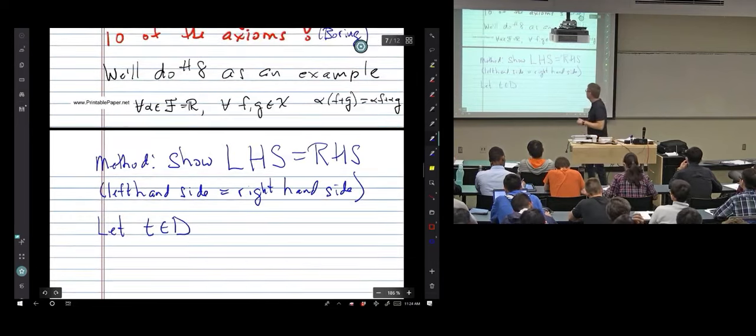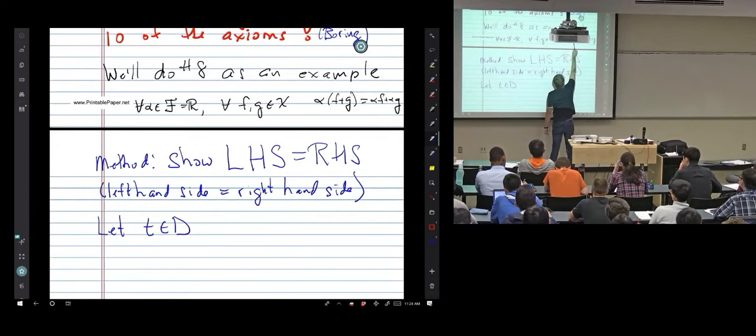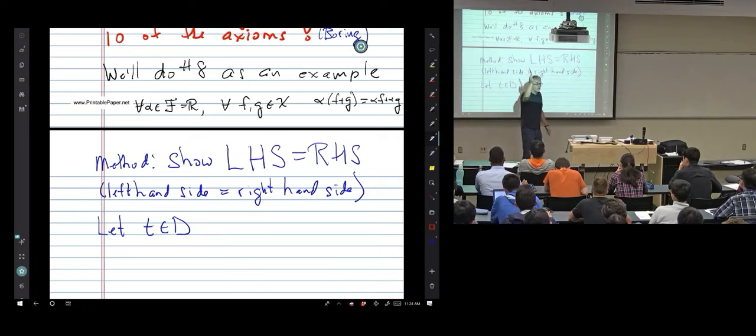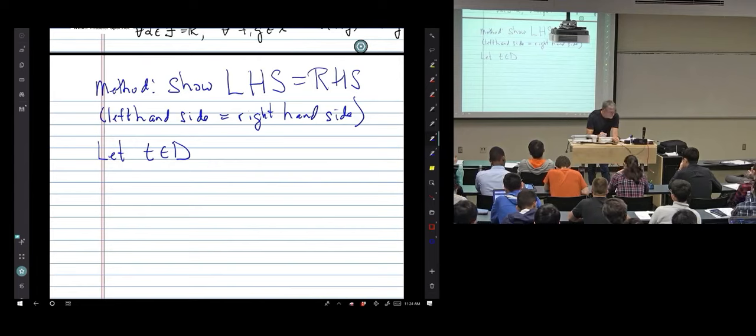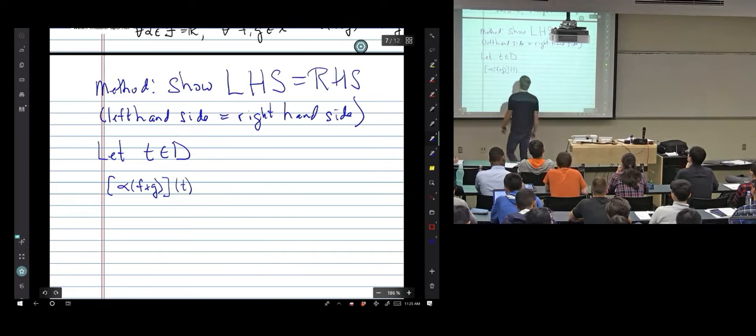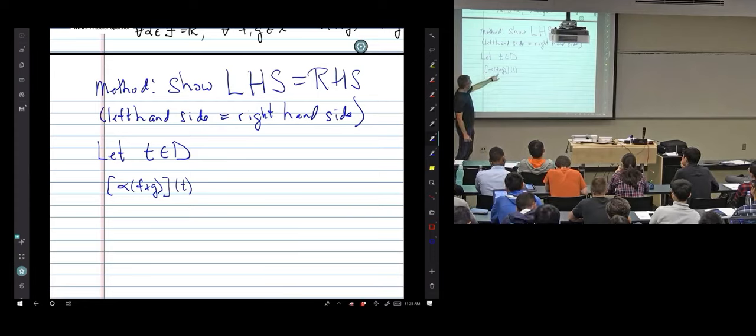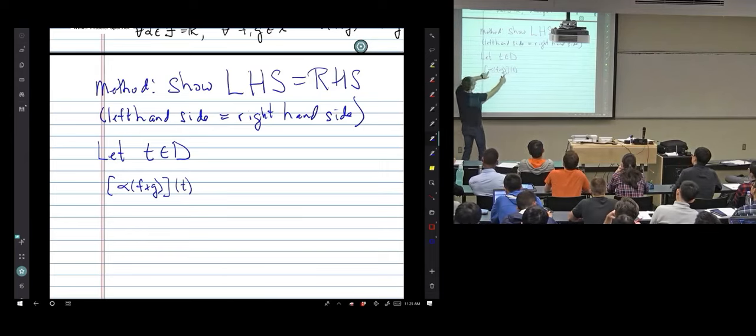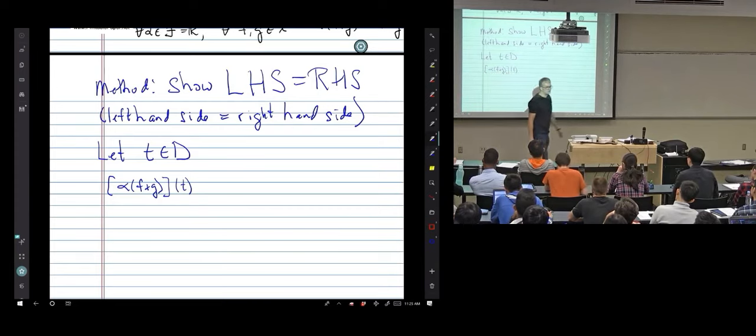Let t be an element of D, and let's see if this rule and this rule give the same real numbers. Do those functions give the same real numbers? Why did I write this like this? This is my value, and this is the function evaluated at that point. What is its definition?